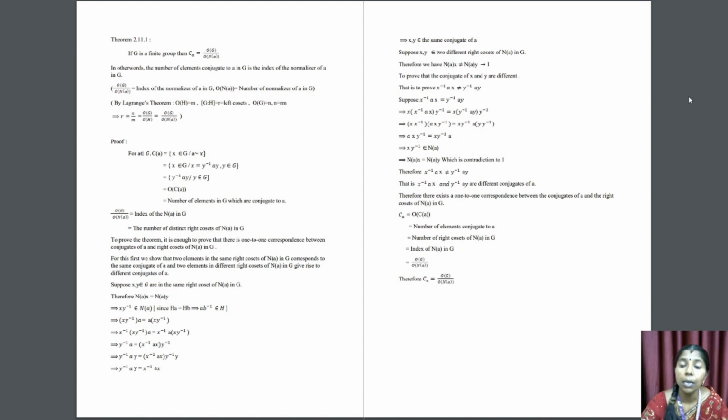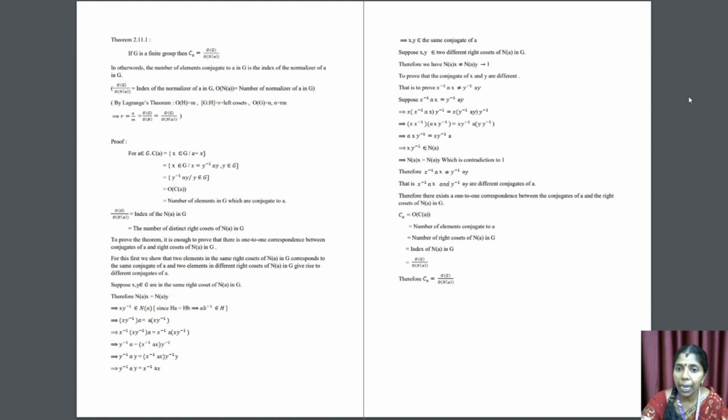Our claim is that the conjugates are different, that is, x inverse a x is not equal to y inverse a y. Suppose we take x inverse a x equals y inverse a y. By the same calculation, multiplying both sides by x on the left and y inverse on the right, we get x x inverse a x y inverse equals x y inverse a y y inverse.